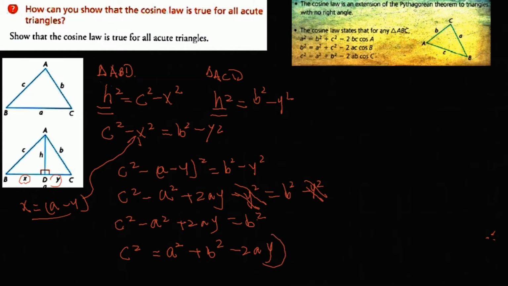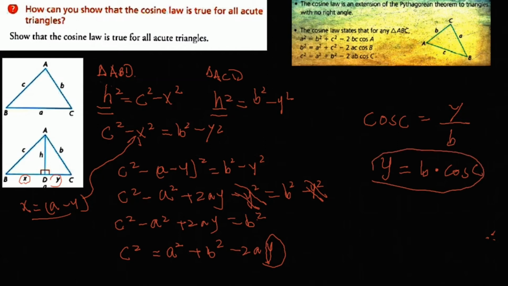Okay, so to look at y, in this triangle, this angle C, right? y is the adjacent side to angle C. So I can use cosine, right? So for y, we can say cosine C equals adjacent y over b, right? So y equals b times cosine C. So I substitute b cosine C for y.